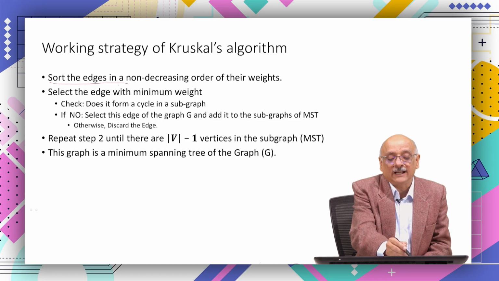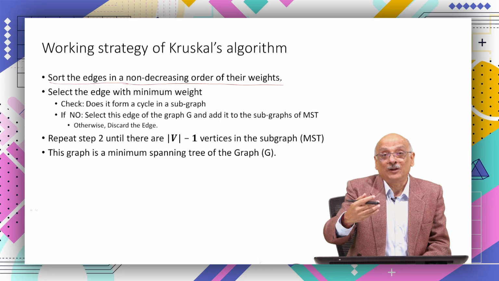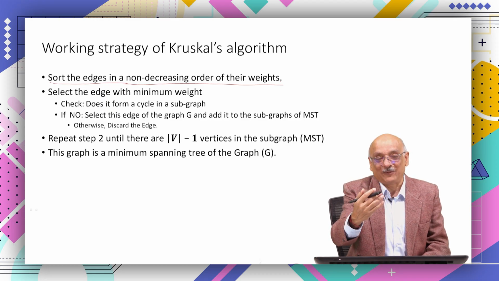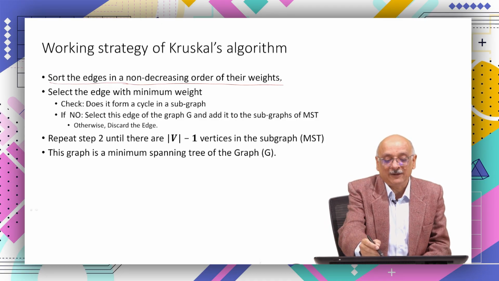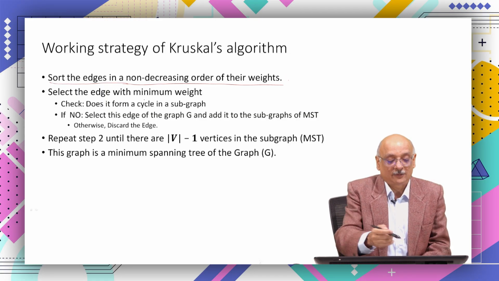We will sort the edges in a non-decreasing order of their weight. Why non-decreasing order? Because we want to first select the edge which has the minimum weight. All right. So that's how we are going to proceed. That is why we will first sort the edges, right? Then select the edge with minimum weight.